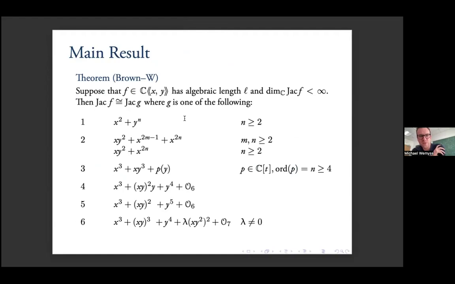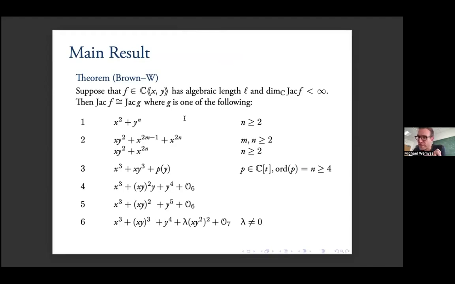So what's the theorem? It's that if you have something of algebraic length L, and the Jacobi algebra is finite dimensional, then very few things can happen. Up to analytic change of coordinates and other isomorphisms, only the following things can happen.